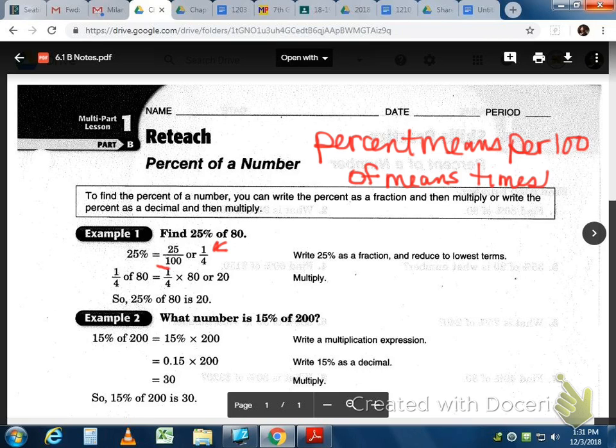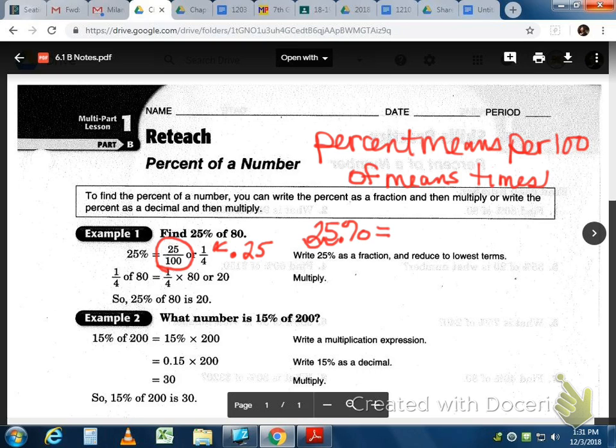But 25 hundredths, what decimal is 25 hundredths? What decimal is that, Liam? 0.25. So I need to show you that 25%, to change a percent to a decimal, you move that decimal 2 places to the left.